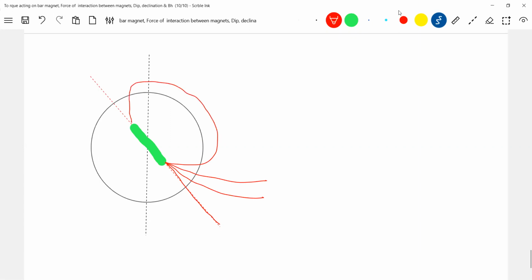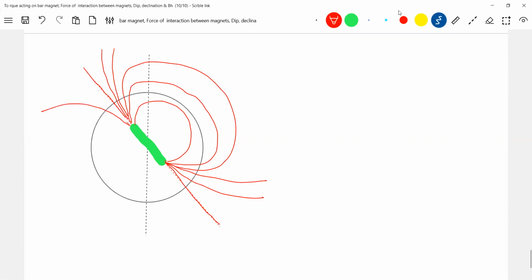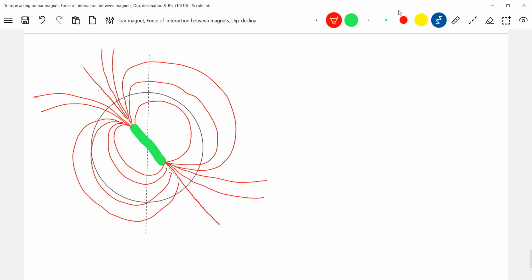I'm showing a few. It is three-dimensional, you are supposed to imagine. Okay, these will be the lines of force.